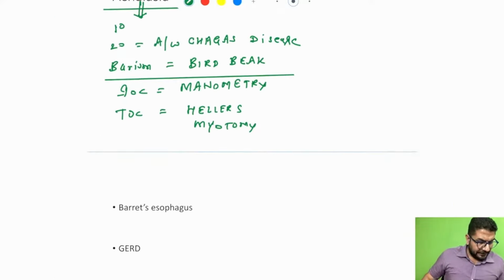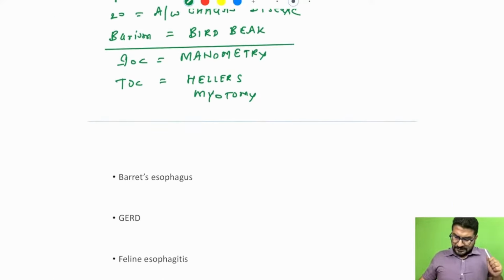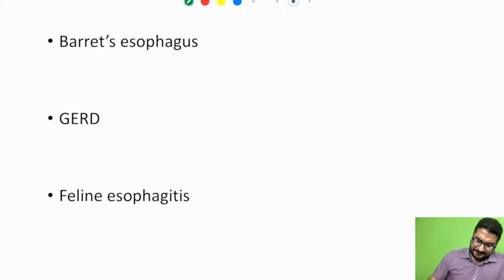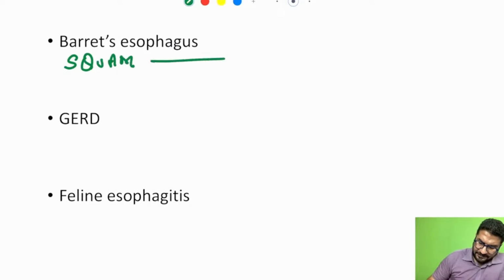Okay, now moving to other GI conditions like Barrett esophagus, GERD. So Barrett, I told you, squamous epithelia in Barrett will convert into intestinal type of columnar.